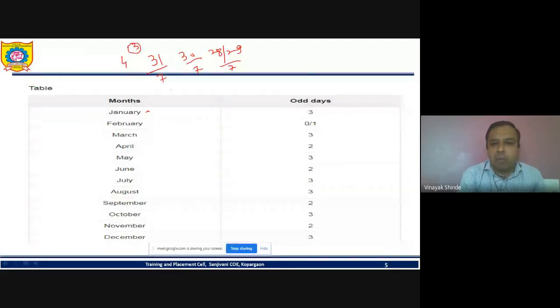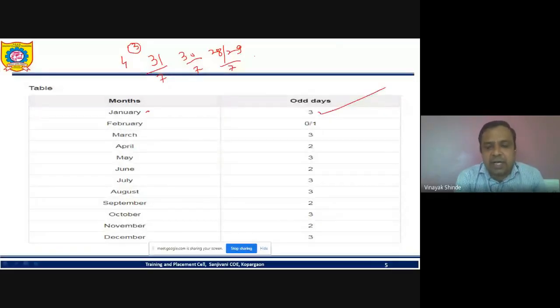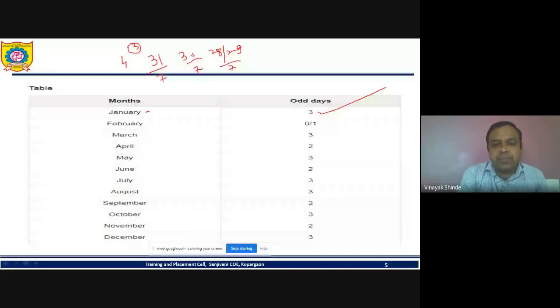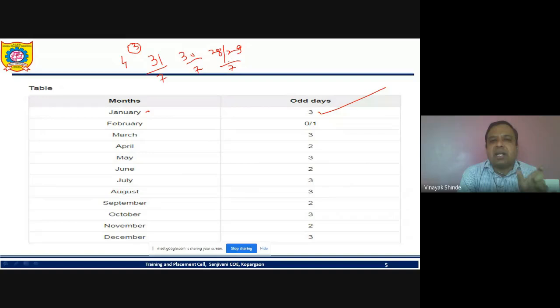So in the month of January, how many odd days are there? 3. In the month of February, 28 days. Dividing by 7, in 28 days we can complete 4 weeks. Apart from this, we cannot complete any week, so 0 will be the remainder. So if I have 28 days, there are 0 odd days.